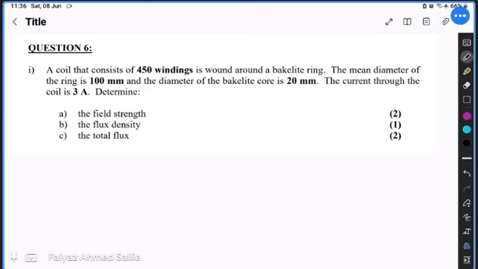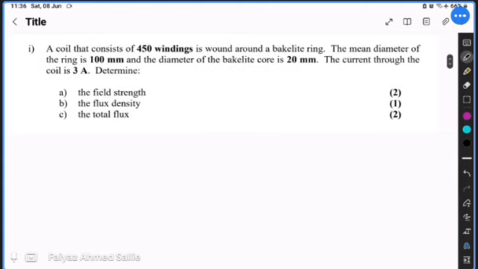On Sunday we will have a short session, depending on how many questions you submit to me. I'll explain step by step how to solve those questions, but the questions need to come from either the textbook or past papers.